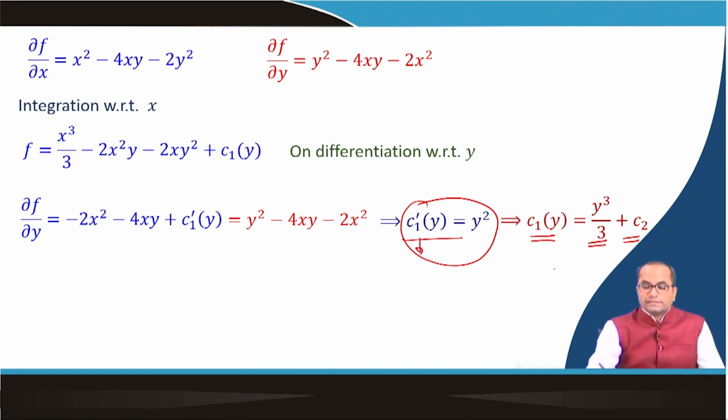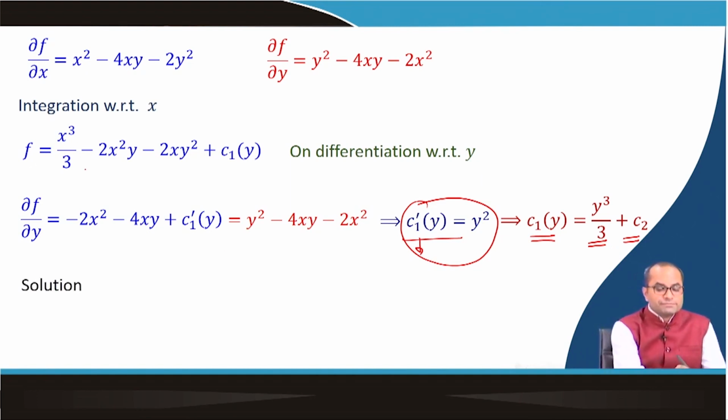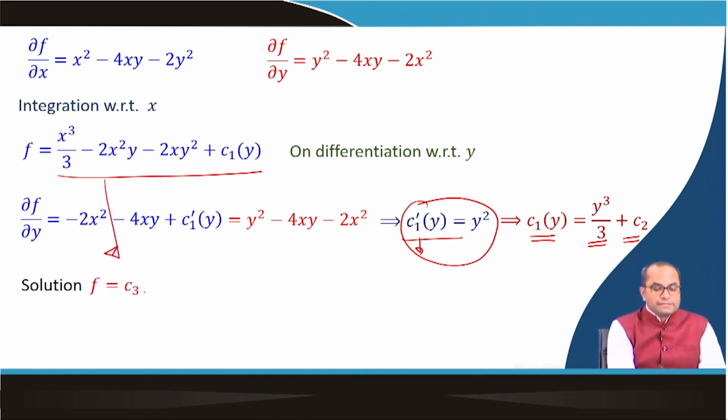So, we integrate this and c1(y) will be y³/3 plus c2, and once we have this c1(y), we can substitute it here in the f. So, what we will have is f equal to c3, that will be the solution.